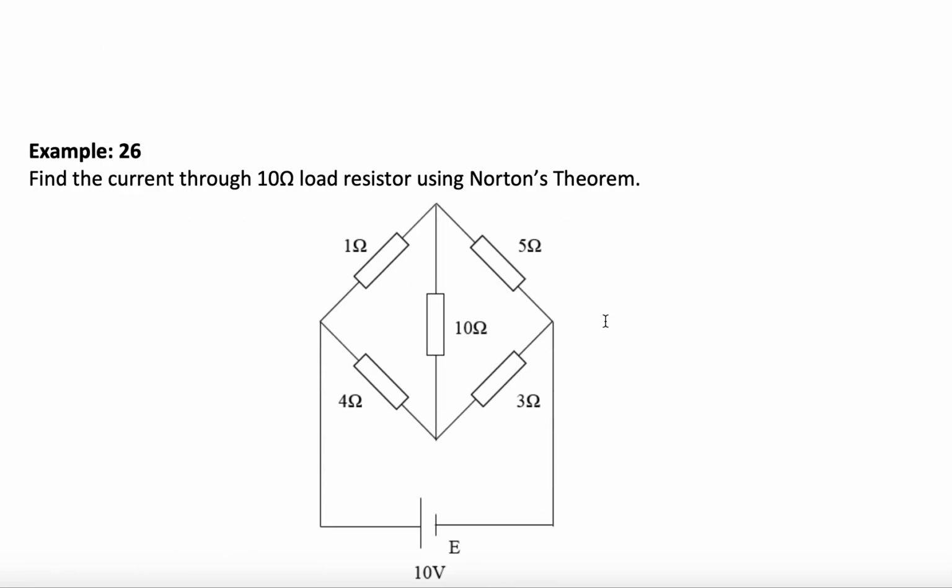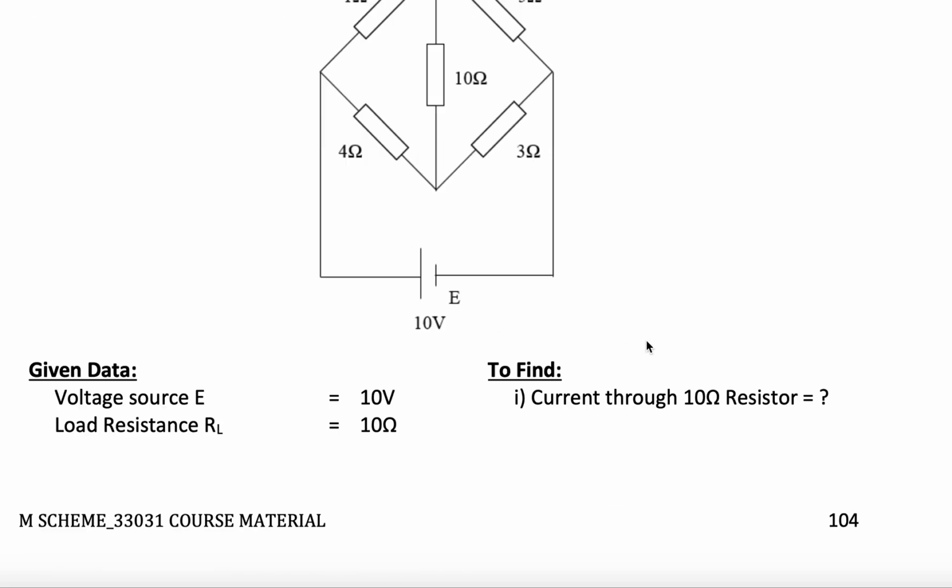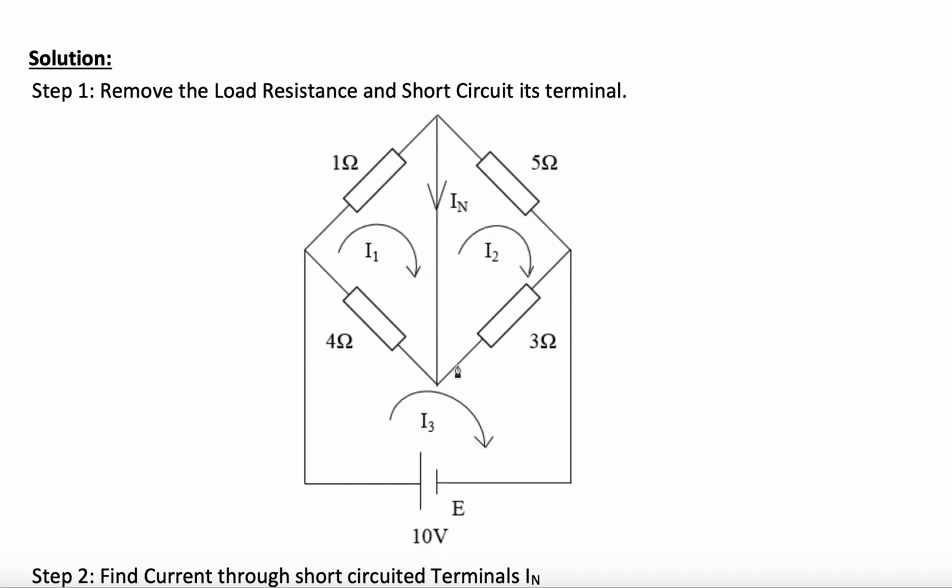Find the current through the 10 ohm load resistor using Norton's theorem. This problem is not very difficult. Let's see, A and B, you need to short them and find the current IN. How to proceed? Is there any trick here? I hope not. You need to proceed like this only.